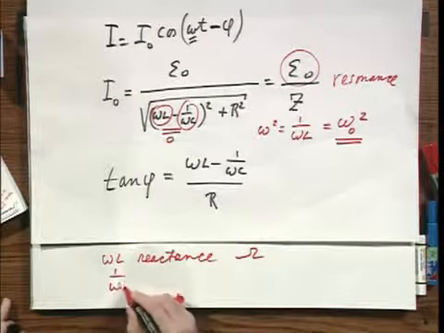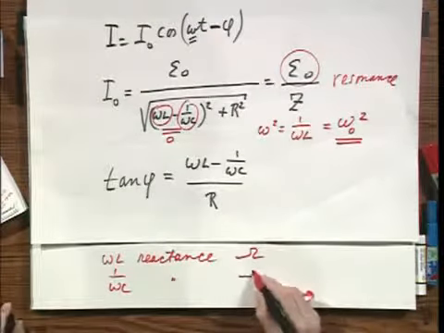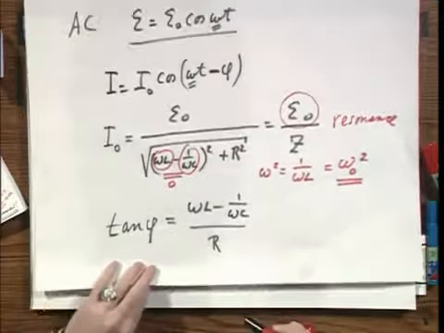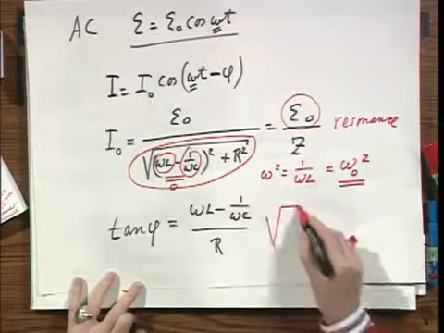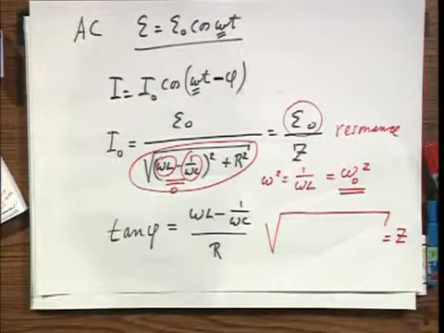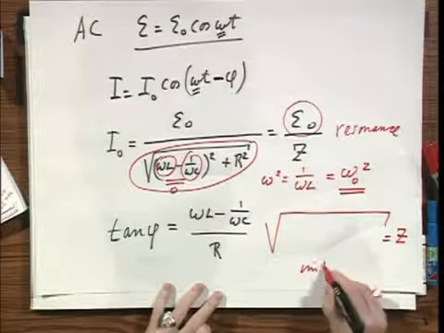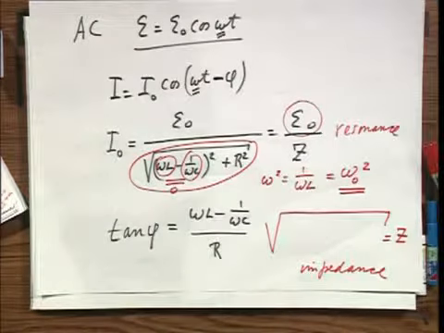And 1 over omega C is the reactance of the capacitor, which also has units in terms of ohm. And we call this entire square root Z, and that is called the impedance. Just words, but it's useful to remember them.